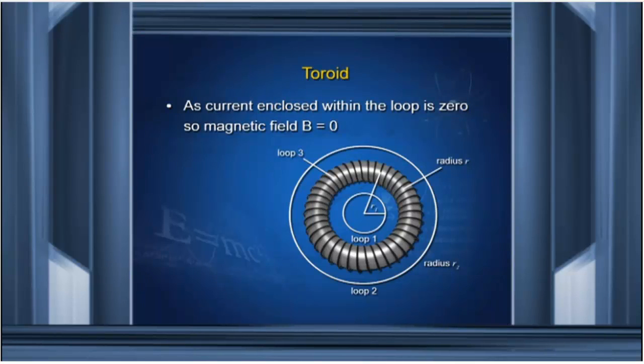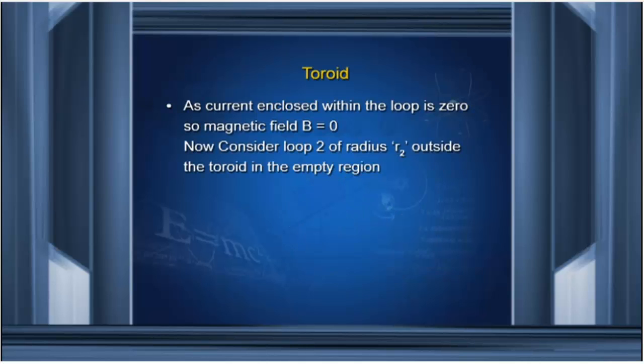Applying Ampere's circuital law for the loop, we obtain B dot dl equals mu naught times I. As the current enclosed within the loop is 0, the magnetic field B will also be 0. Let us consider the loop 2 of radius r2 outside the toroid in the empty region.